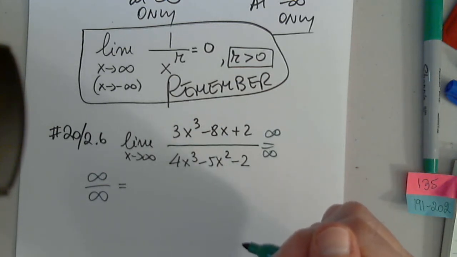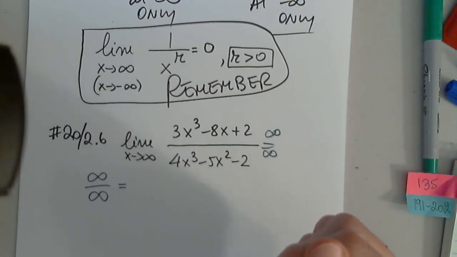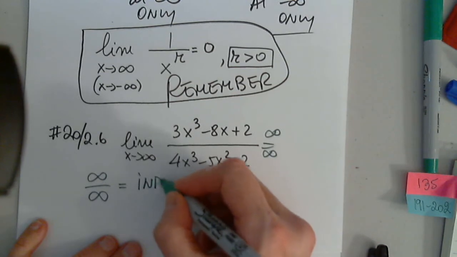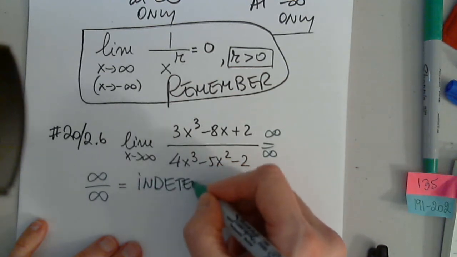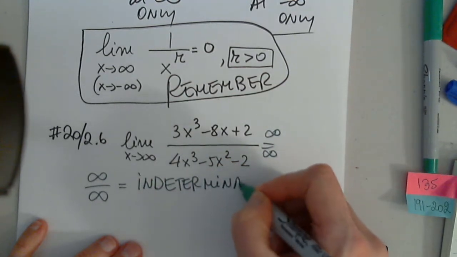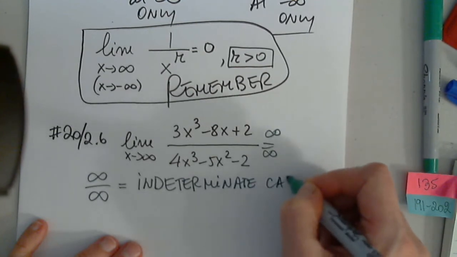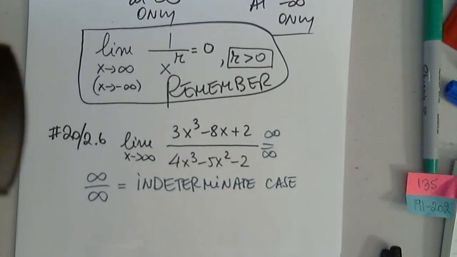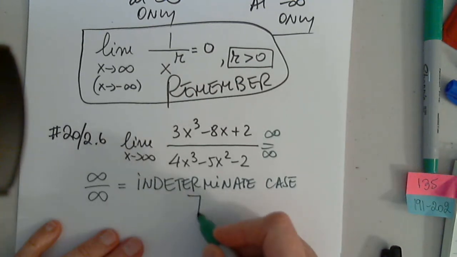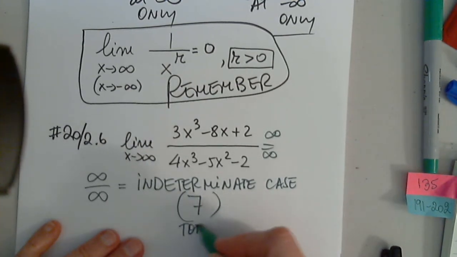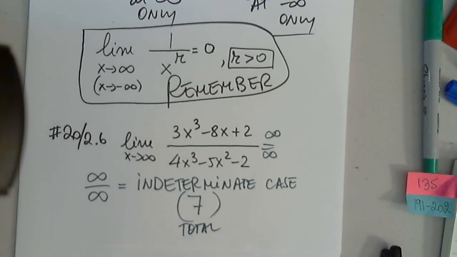Isn't it indeterminate? Indeterminate case. How many indeterminate cases did we say there were? 7. So this is an indeterminate case.